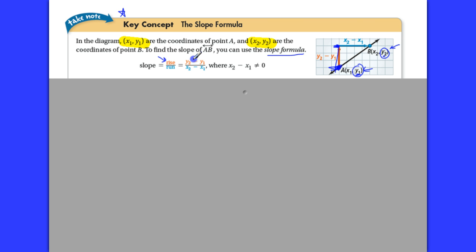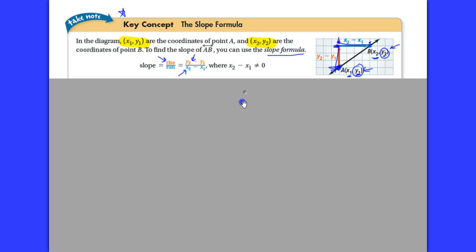So you can calculate that by subtracting y sub 2 minus y sub 1. All it means is you subtract the two y values. And then you do the same thing with the x values, and you put the x values on the bottom. Because when you subtract those 2 points, this x sub 2 minus this x sub 1, you're going to have this distance here.